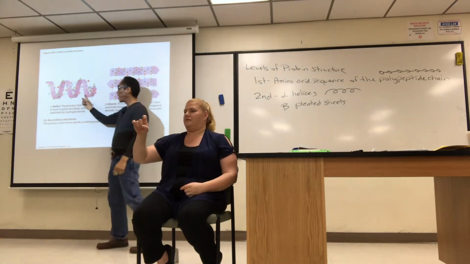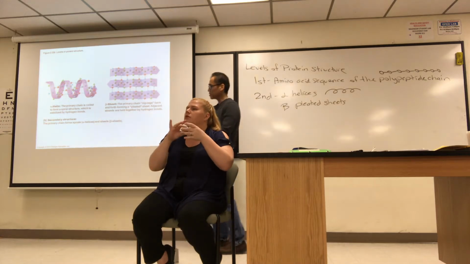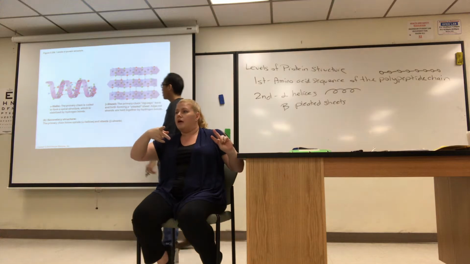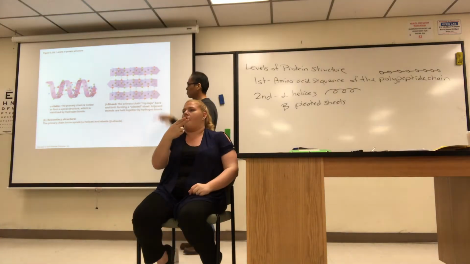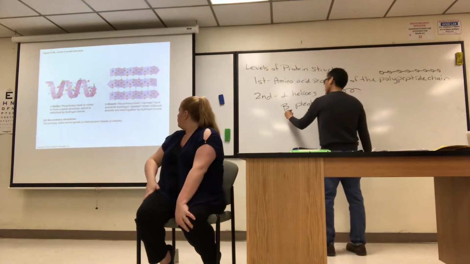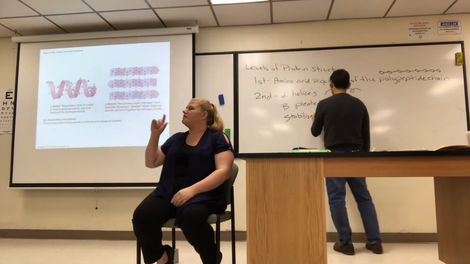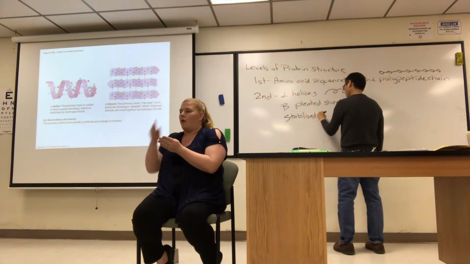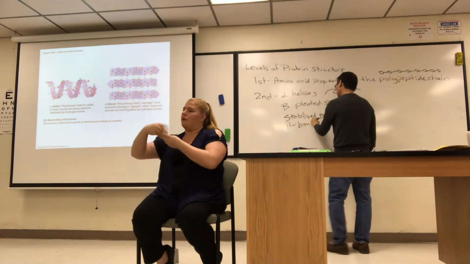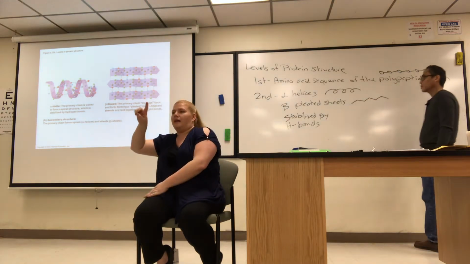Whenever they show a dotted line, that usually symbolizes some sort of weak bonding, like hydrogen bonding, and that's what it says here: spiral structure stabilized by hydrogen bonds. And here you can see the hydrogen bonding forming this pleated sheet. So I'll note stabilized by H bonds. A pleated sheet is a rigid sheet structure.